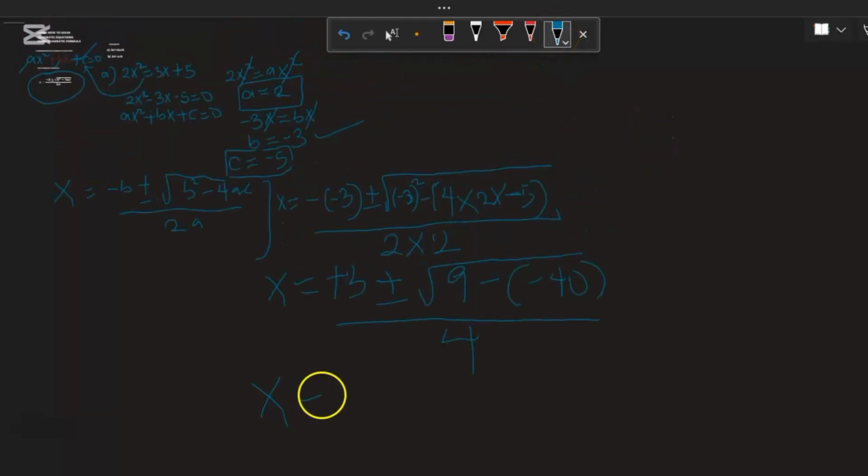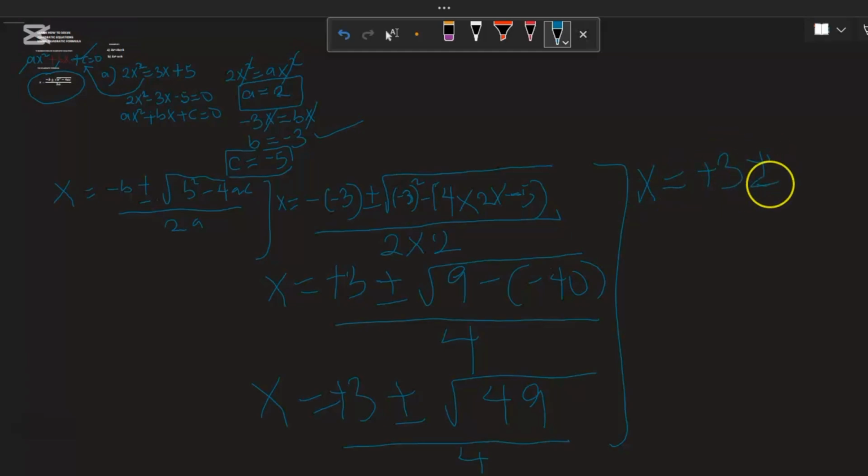So x equals plus 3 plus or minus the square root of, when we simplify this, 9 plus 40, that will give me 49, over 4. We are almost there. So x equals plus 3 plus or minus, you know the square root of 49 is 7, over 4.